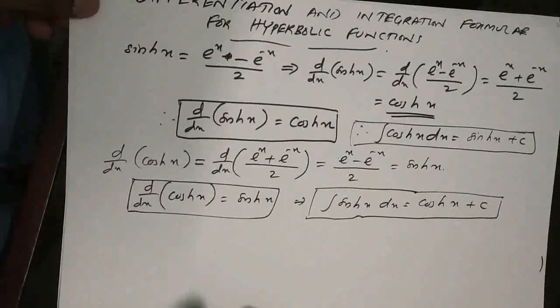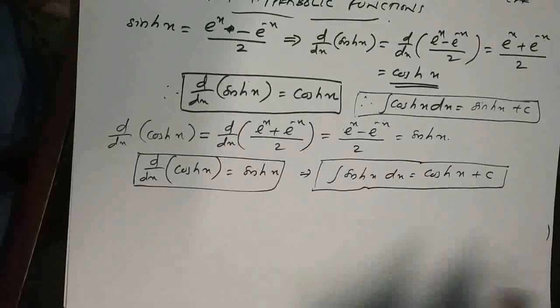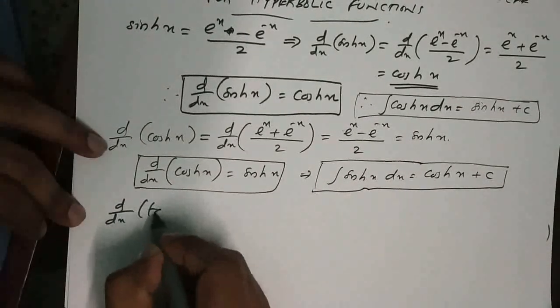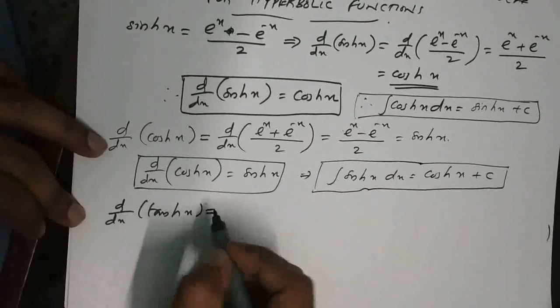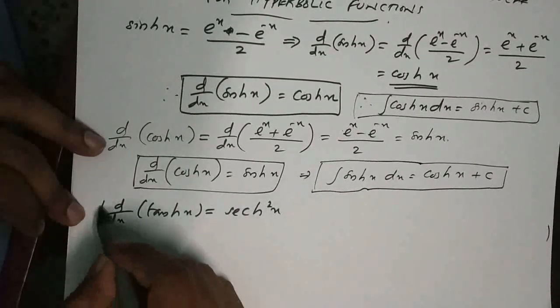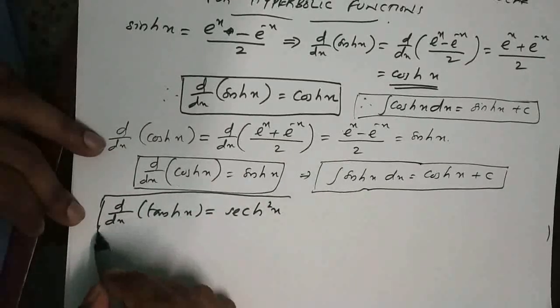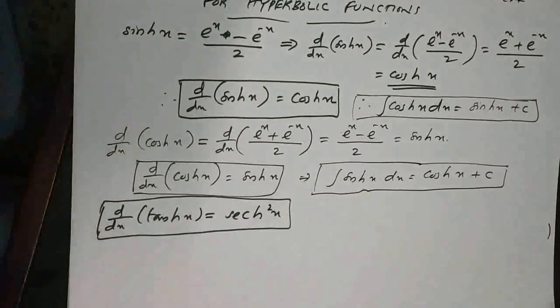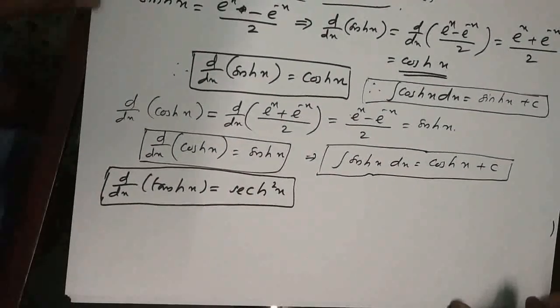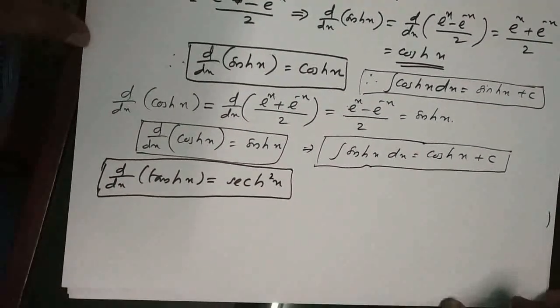Now the derivative of tanh x. d by dx of tanh x is equal to sech square x. Now to prove this, we have d by dx of tan x equal to sec square x. Here also d by dx of tanh x equals sech square x.